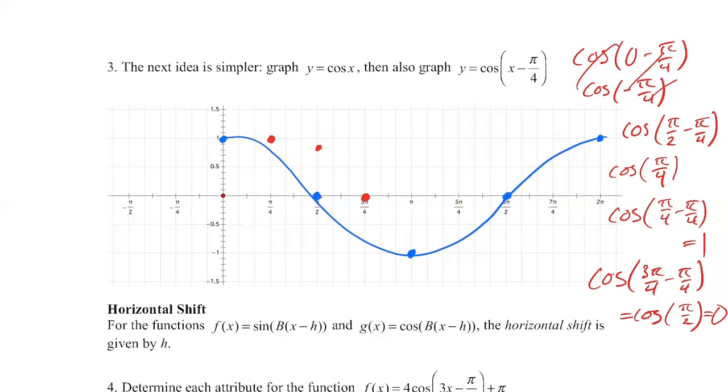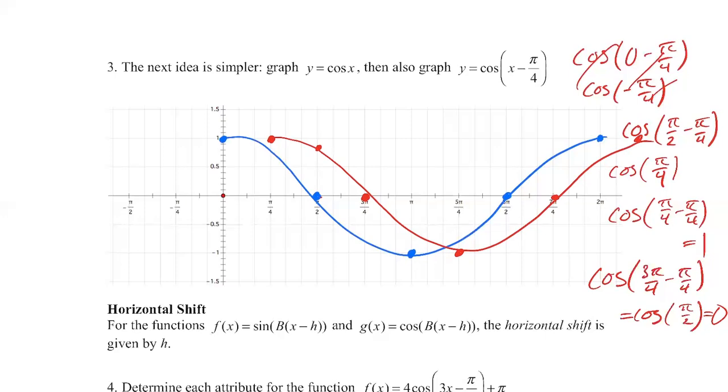And in fact, that's exactly what happened. So my new minimum value will now be at 5 pi over 4 because 5 pi over 4 minus pi over 4 was pi. My next 0 will happen at 7 pi over 4, and then my endpoint of the function is going to be off the graph. That is what we are now dealing with.